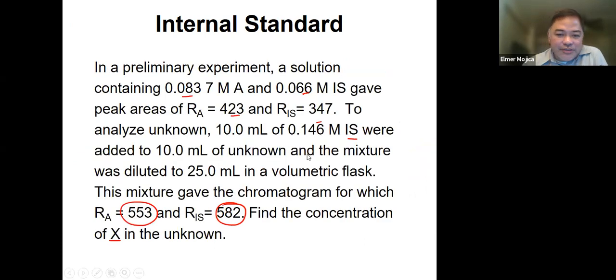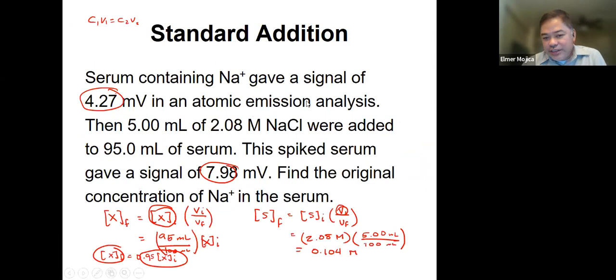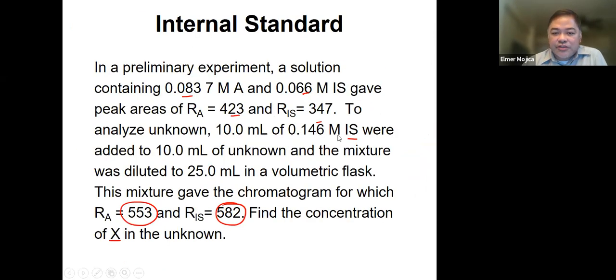So based on the given here, you have 0.146 molar. And that's the initial concentration. So how much of that do you get? 10 ml divided by what? 25. Right? Do you follow?